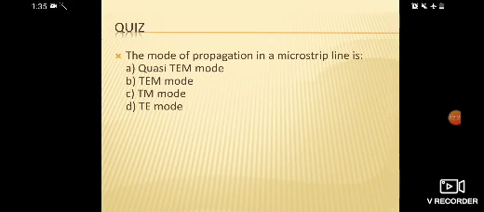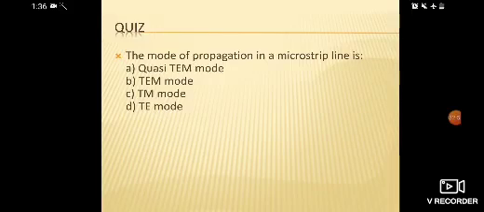So the mode of propagation in a microstrip line is: the first option is quasi TEM, the next option is TEM, the third is transverse magnetic mode, and the last option is transverse electric mode.